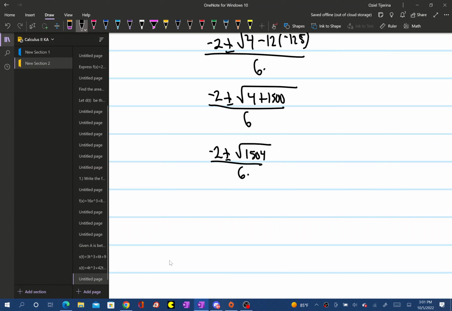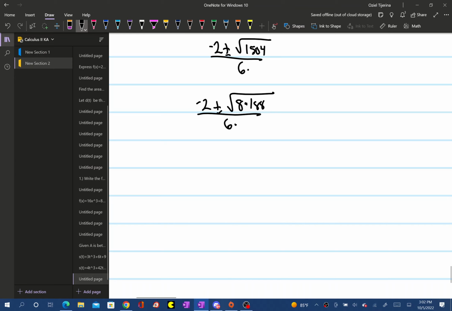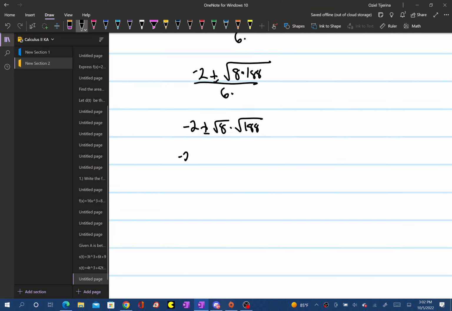Now, let's see if I can do, one second. So if I do negative 2 plus or minus the square root of 8 times 188 over 6, that's going to give me negative 2 plus or minus the square root of 8 times the square root of 188, and then if I do 188 divided by 4, I get negative 2 plus or minus the square root of 4 times the square root of 2 times the square root of 4 times the square root of 47, all over 6, right?